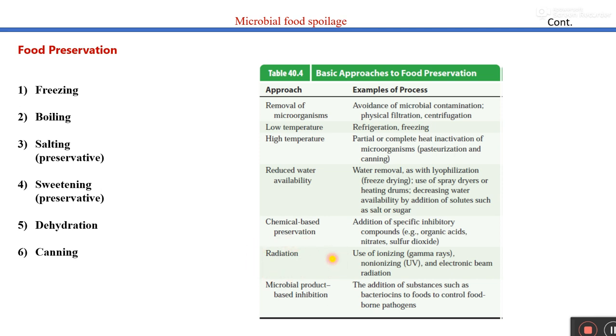Radiation helps in killing different kinds of harmful bacteria, and it can also prevent the growth of different kinds of bacteria which cause food spoilage. Another way is microbial product based inhibition, and in this process we generally add substances such as bacteriocins to food to control foodborne pathogens. So this is all about the food preservation methods. We generally preserve food or prevent it from microbial food spoilage.